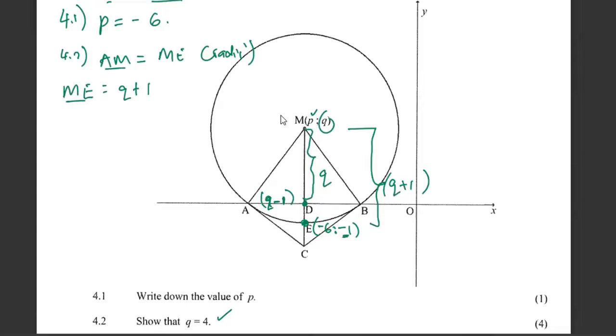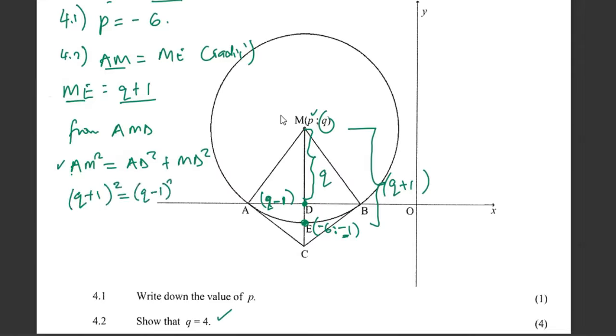Then let me use my Pythagoras theorem and say that from triangle AMD, we know that AM squared should be the same as AD squared plus MD squared. Our AM is the same as ME, which is Q plus 1. I'll square that. Our AD, they told us that is Q minus 1 squared.